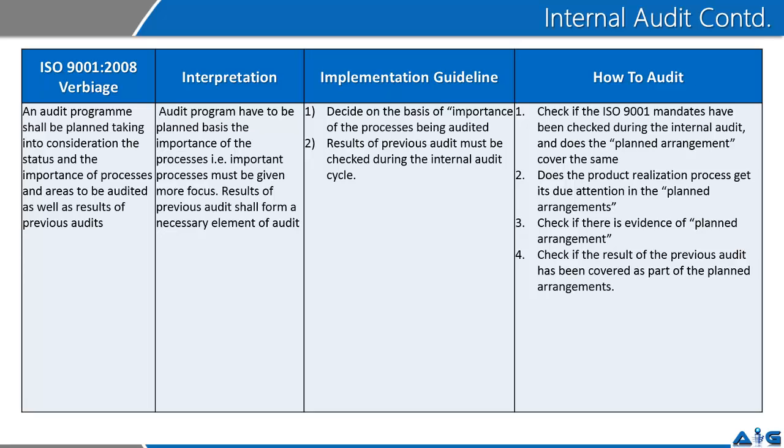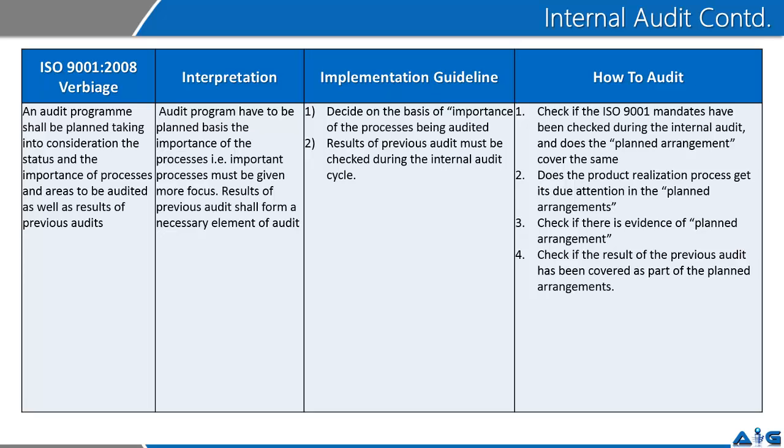If I were you, I would lay a lot of importance on all processes that may affect our ability to deliver products to the customer requirement. I would lay a lot of emphasis on the results of previous audits, all the failure areas or observations that I got from my internal or external audit. I would mark that as important. But you must decide on the basis of your importance.